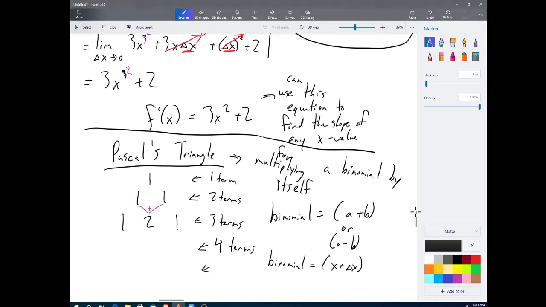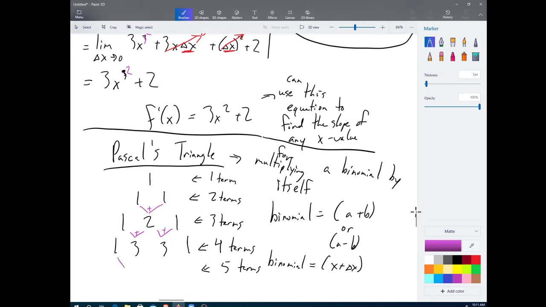Our fifth row will have 5 terms. And I always have 1s on the outside. And then I always use the 2 things that are above something to come up with what goes in that spot. I add them together. So between the 2 and the 1 here, I'm going to have another 3 because I'm going to add together the 2 and the 1.